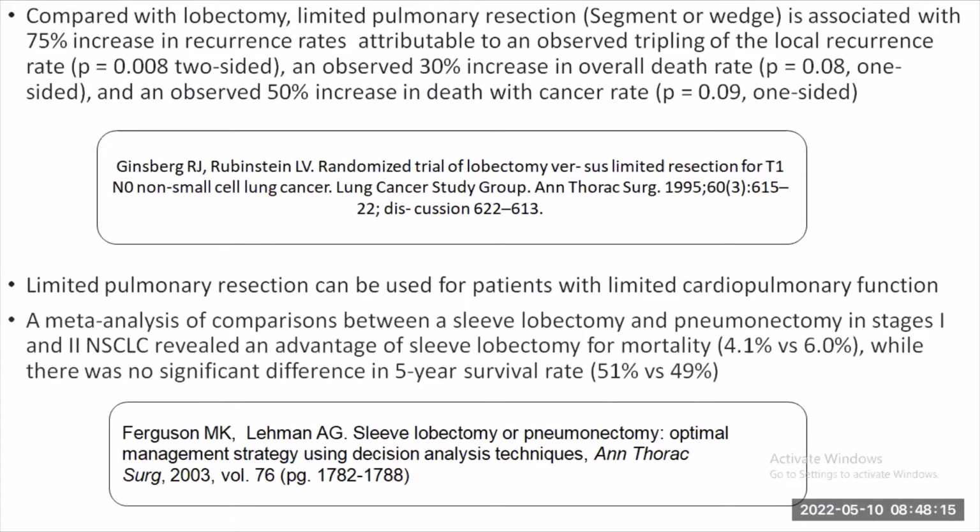So based on this, segmental or wedge resection is considered inferior. They can be done when a patient has limited cardiopulmonary function.